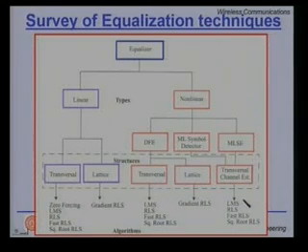Again, you have a possibility to use different kinds of algorithms depending upon how fast they are, what is the minimum error they give, how much power they consume, right. So, we will talk about how to pick and choose an algorithm for a particular type of structure later today. But this gives you a brief overview of how equalizers can be classified in terms of linear, nonlinear, structure and the type of algorithm used to update the weights.